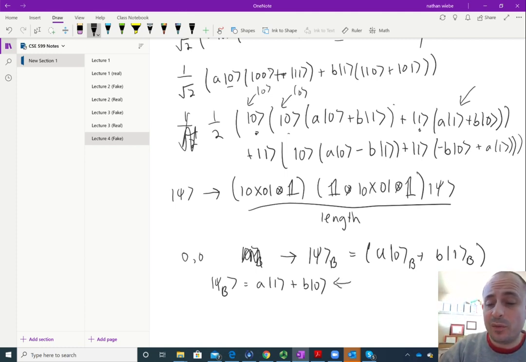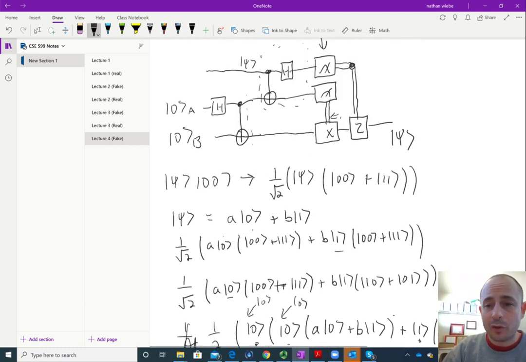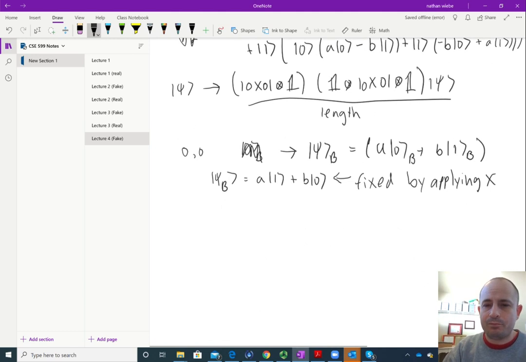So this can be fixed by applying X. However, Bob knows what Alice's measurement results are because they're sent. And that's what this apply X here means: if Alice ends up measuring 1 in that case, then she sends the result and Bob flips the bit.